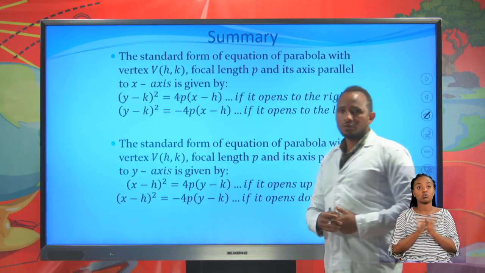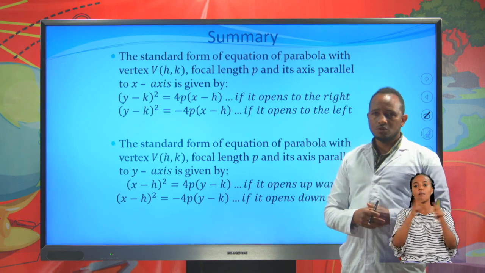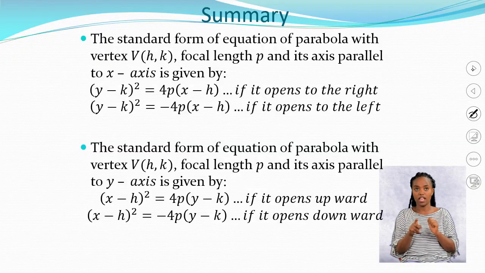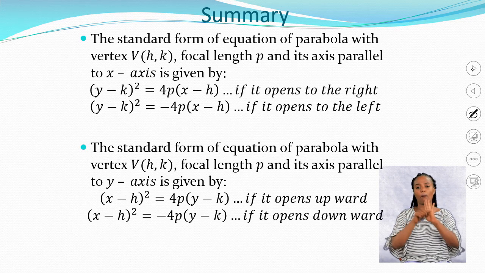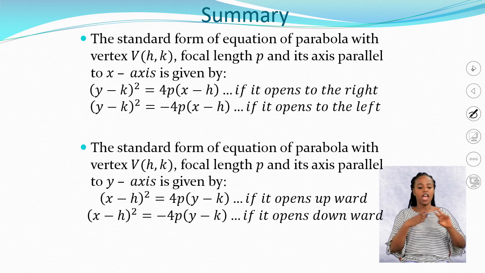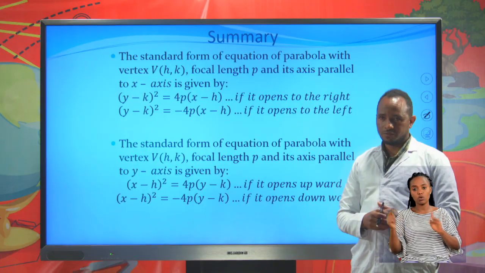To summarize what we have seen today, the standard form of equation of parabola with vertex h, k and focal length p and its axis parallel to x-axis is given by y minus k the whole squared is equal to 4p times x minus h if it opens to the right, and y minus k the whole squared is equal to negative 4p times x minus h if it opens to the left.